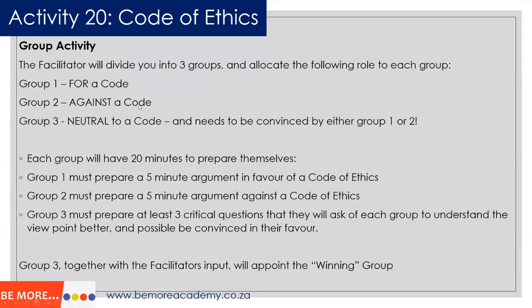And then the other person will be neutral. So the neutral person, while the other 2 argue for and against, will prepare at least 3 critical questions to ask each group. And then that 3rd person can decide who's the winning group.